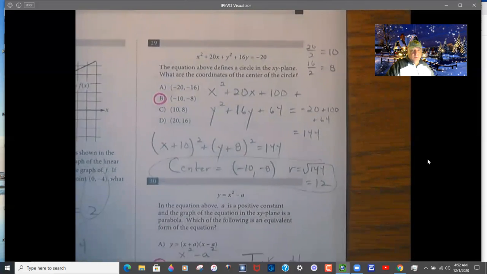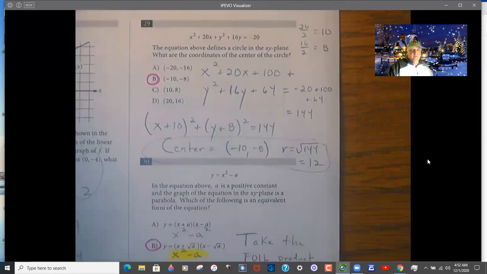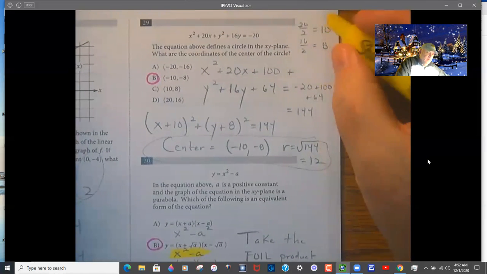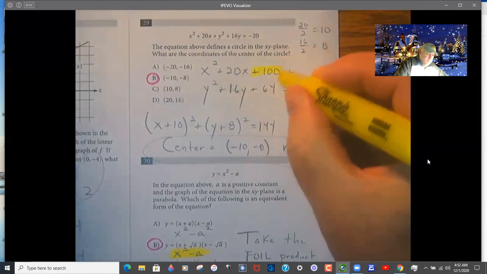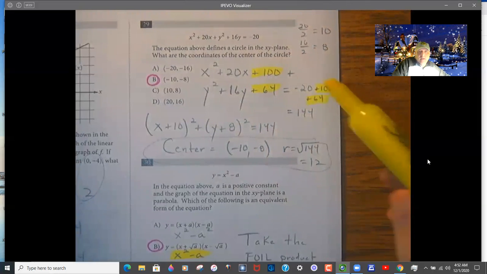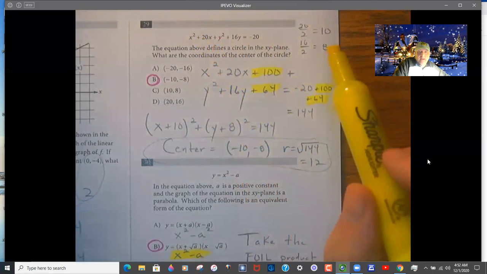Problem 29 is one that I would not expect you to know. I don't think we cover how to construct circles in Algebra 2, maybe in pre-calc. So what you have to do is complete the square on x and y, on both. So you would divide the 20 by 2, 10, and you would square that.